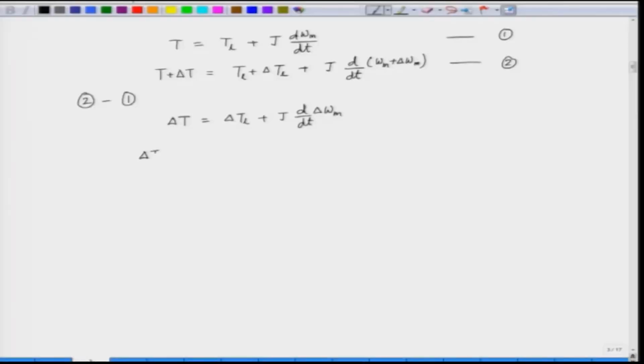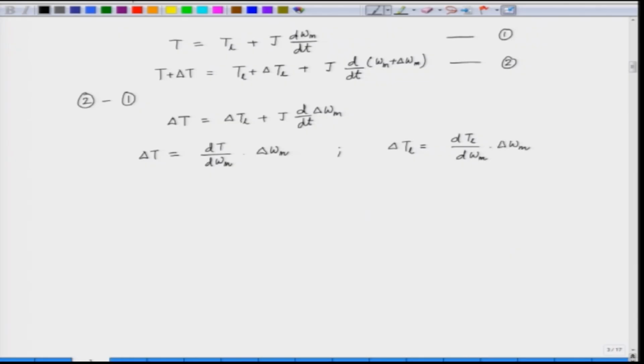Now, let us try to see what delta T is. Delta T is dT by d omega, the slope at that point, into delta omega m. Similarly, we can say that delta TL is equal to dTL by d omega m into delta omega m.